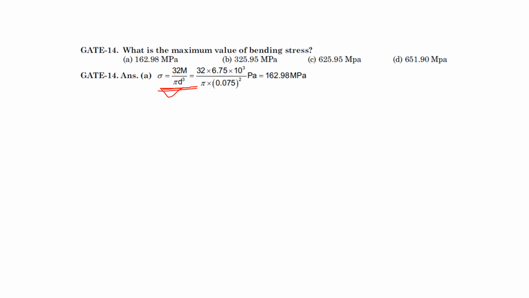So put 32 into 6.75 into 10 to the power 3 by pi, whatever it is. If you simplify this, you'll get 162.98 megapascal. So the answer is A. A little bit of change was there, but a similar kind of question.